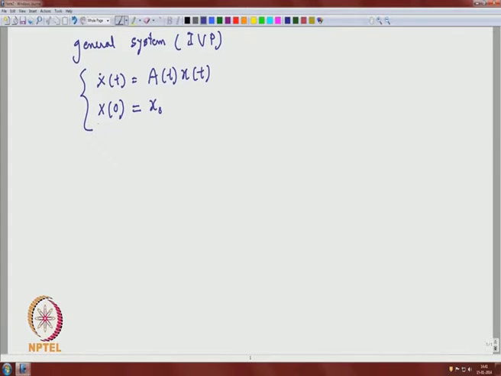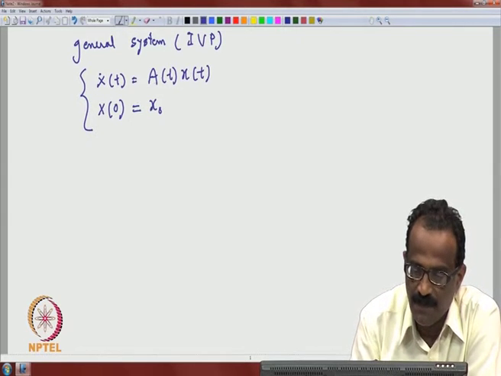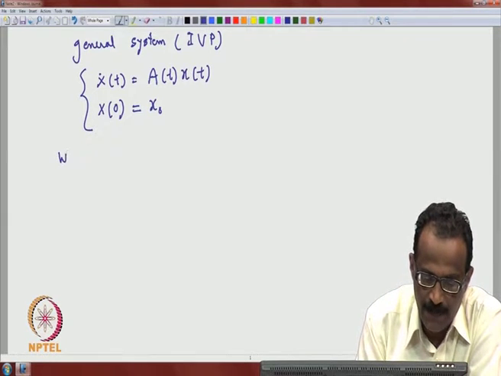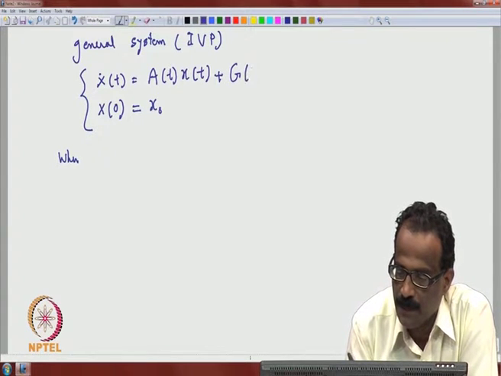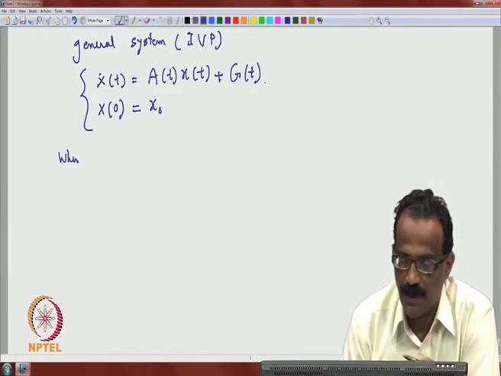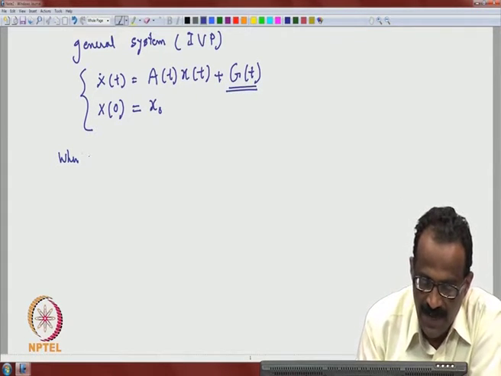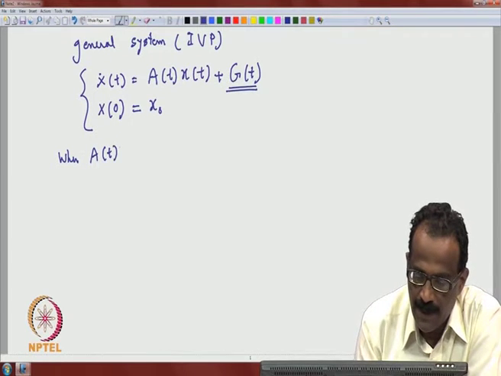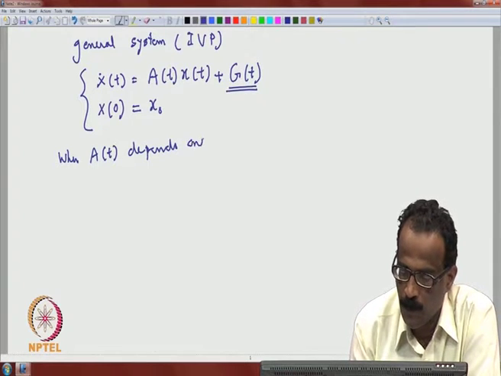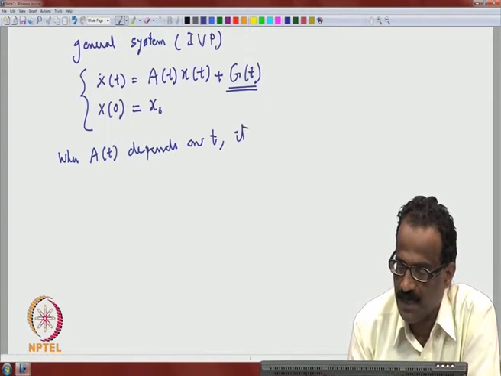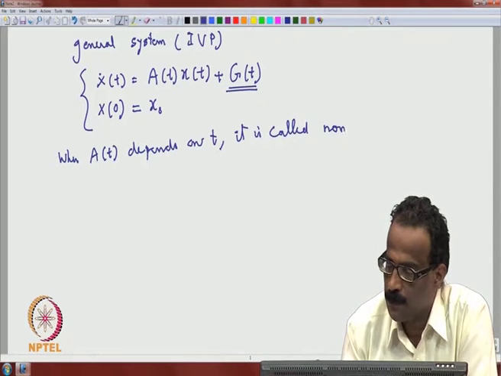Of course, in general we are not going to concentrate on systems such as this when A depends on t, plus some g(t), which gives you a non-homogeneous system, or a nonlinear term. When A(t) depends on t, it is called non-autonomous.